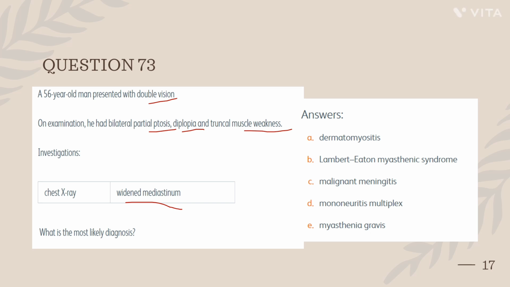What is malignant meningitis? That has a meningitis-like picture. Here it is not the case. Mononeuritis multiplex means different nerves at different sites are involved. For example, the patient can have a common peroneal nerve palsy, and the patient can have carpal tunnel syndrome. So different levels, different nerves are affected. That is mononeuritis multiplex.